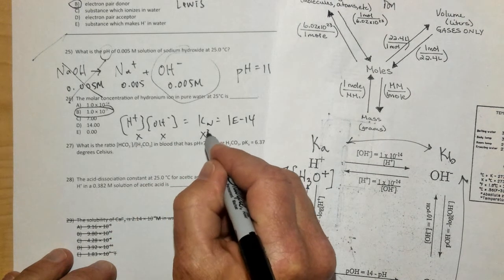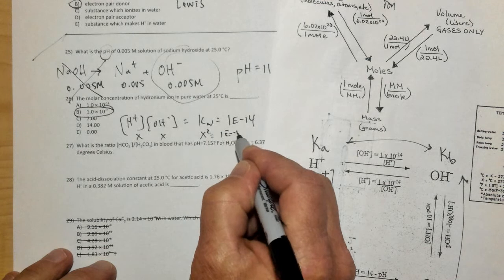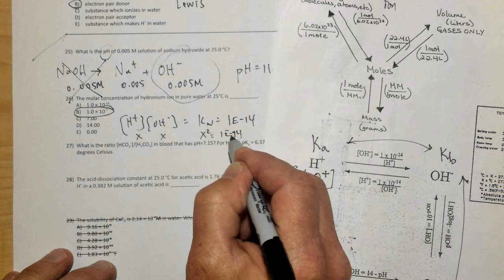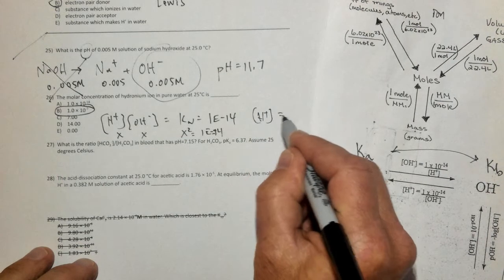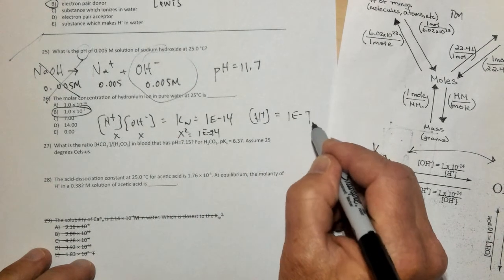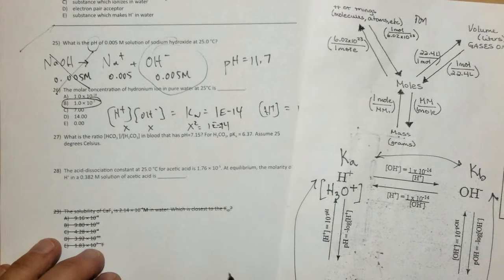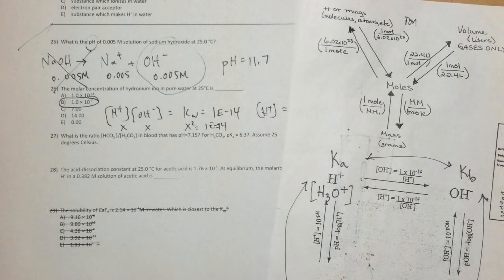And so x squared is equal to 1 times 10 to the negative 14th. Take the square root of both sides of that, and you end up with the H plus or the OH minus ion concentration equal to 1 times 10 to the negative 7th molar. So that's in any pure water solution, or a solution that has a pH of 7.